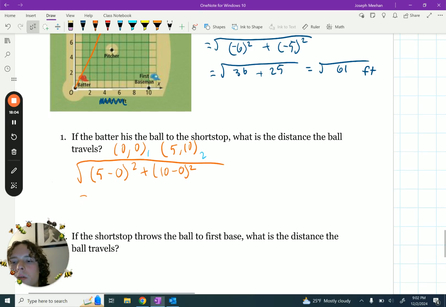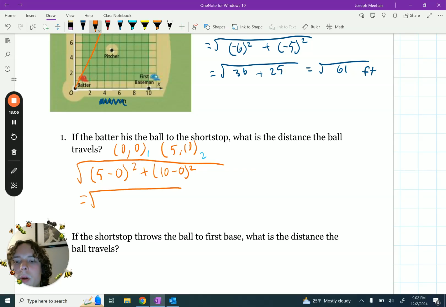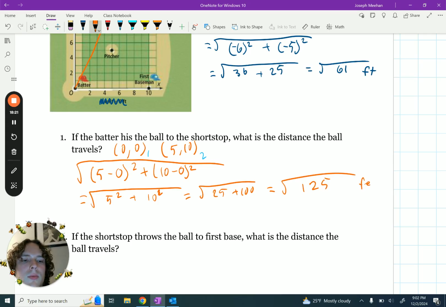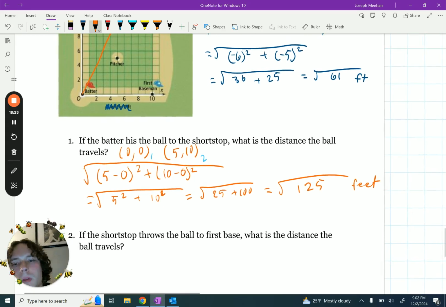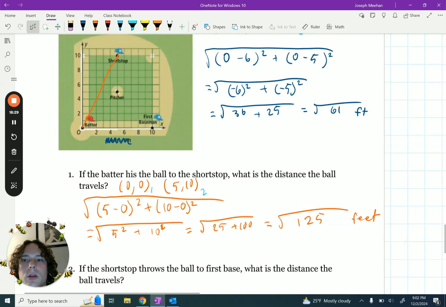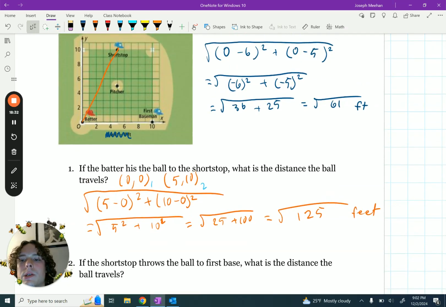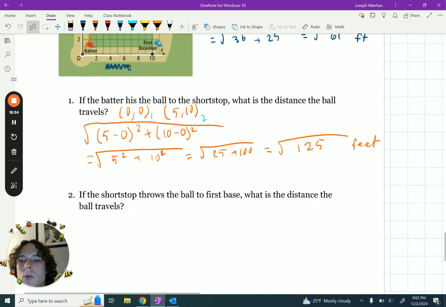That looks like it's going to be the square root of 5 squared plus 10 squared. 5 squared is 25, and 10 squared is 100. So you're going to get the square root of 125 feet. And again, I would just leave it like that. If it's not a perfect square, then don't take the square root, okay? So the square root of 125 feet from the batter to the shortstop.